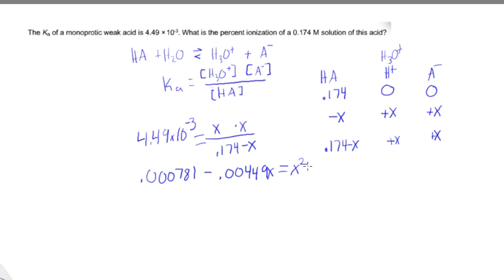Okay? So I need to use the quadratic equation, so I need to get this in quadratic form. I'm going to add this to both sides and subtract this from both sides. So I have x squared plus 0.00449x minus 0.000781, and that equals 0.